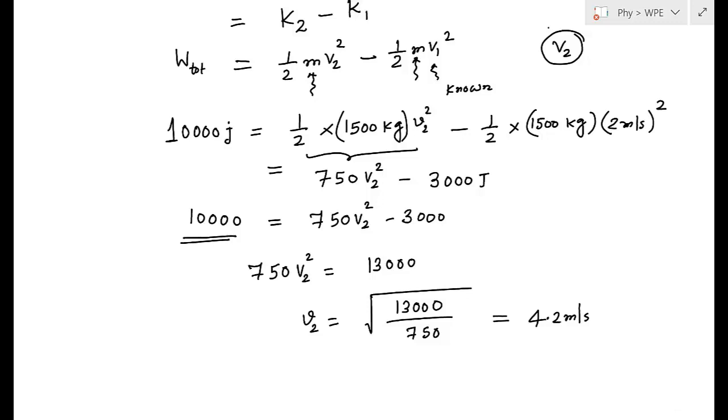Another important point: when you are writing change in kinetic energy, you have to write final kinetic energy minus initial kinetic energy. You have to consider final minus initial, not initial minus final. And then you have to solve this equation, and you can get the final speed in this case.